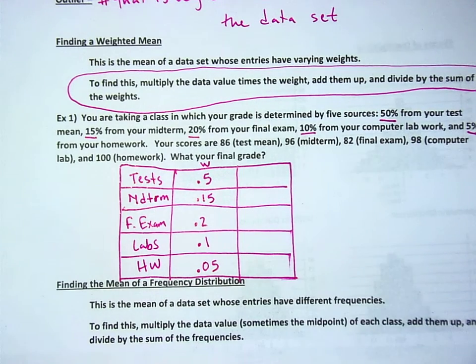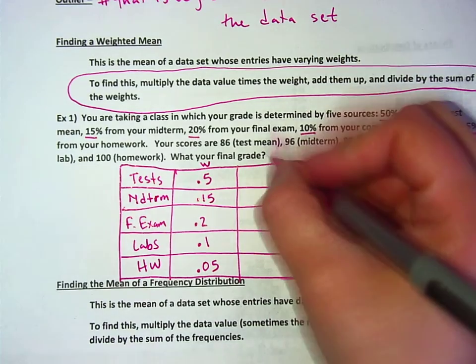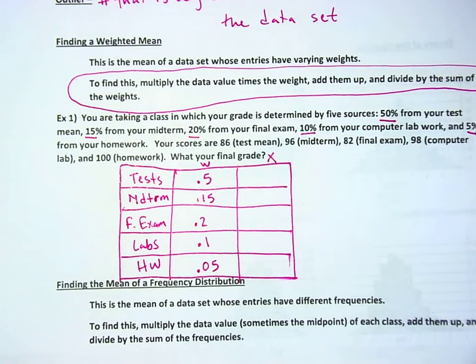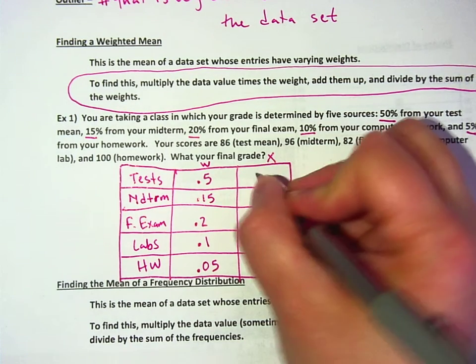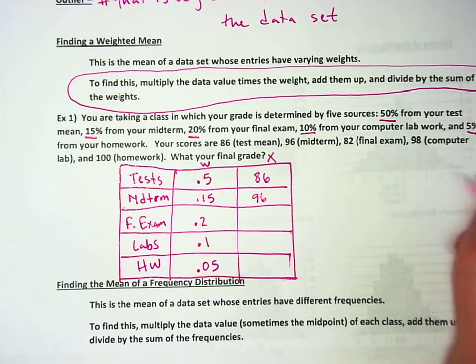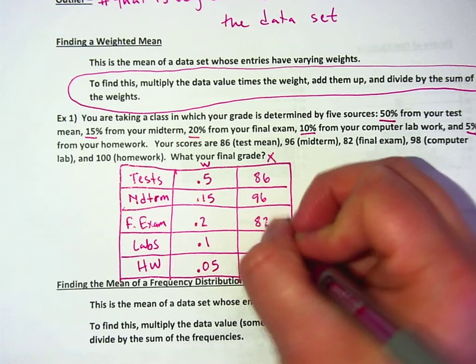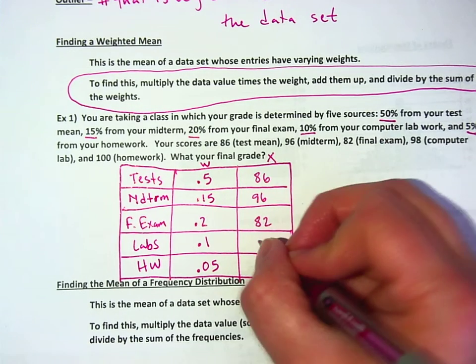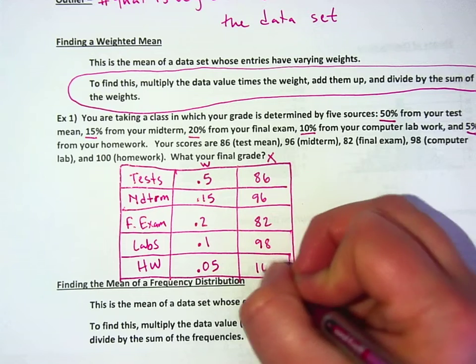Make sure that's 0.05, not 0.5. And then the X values in the next column are what you actually scored in those classes. So your test was an 86, midterm was a 96, final exam is 82, 98 for your labs, and 100% for your homework.